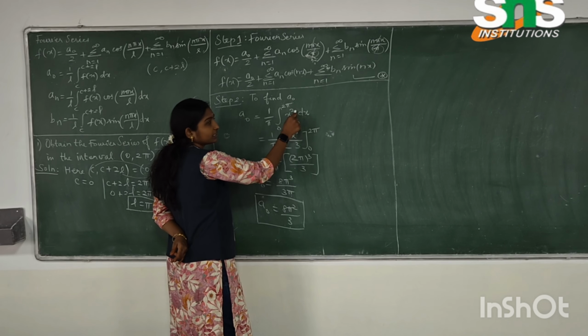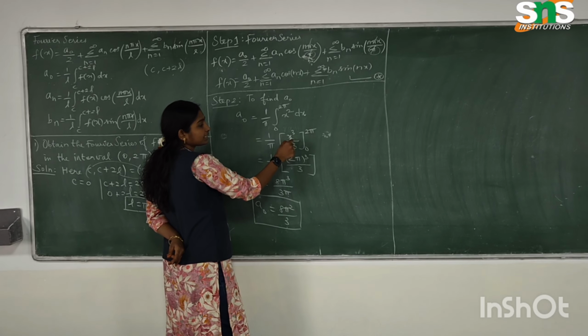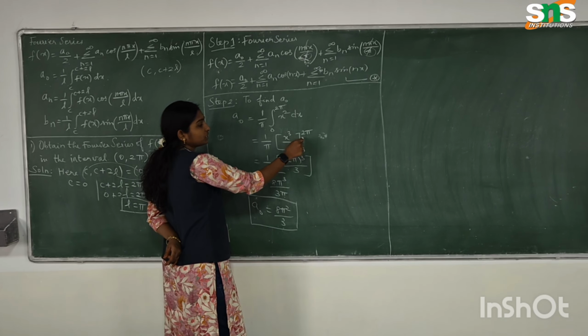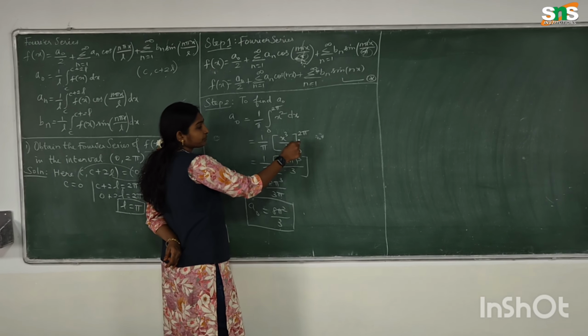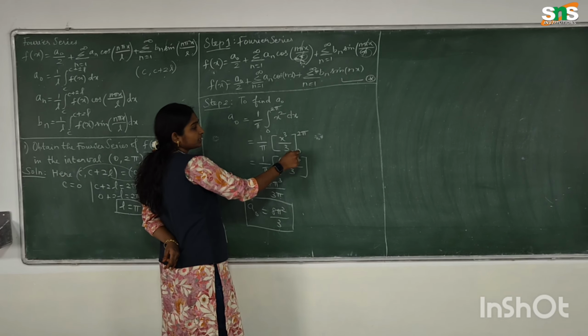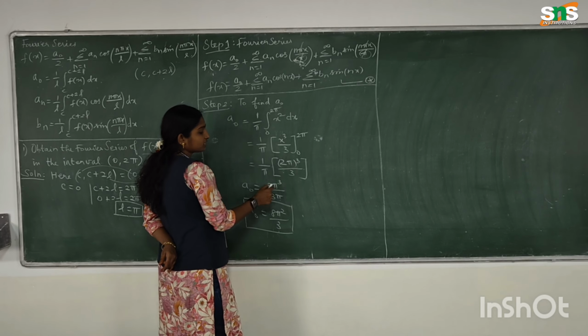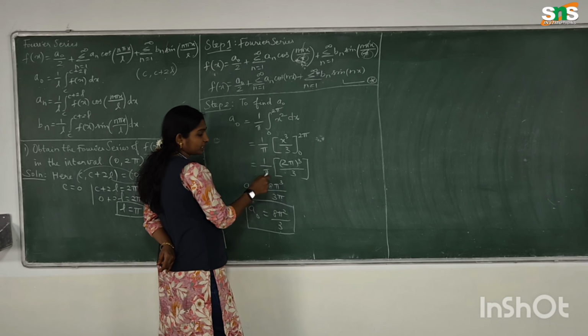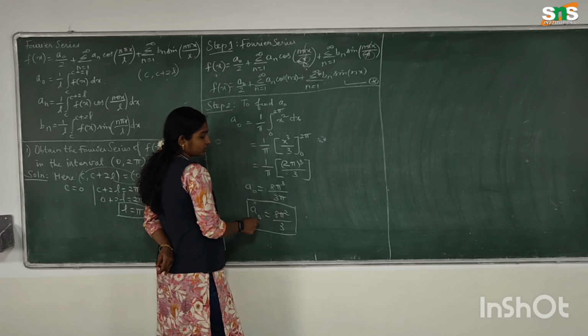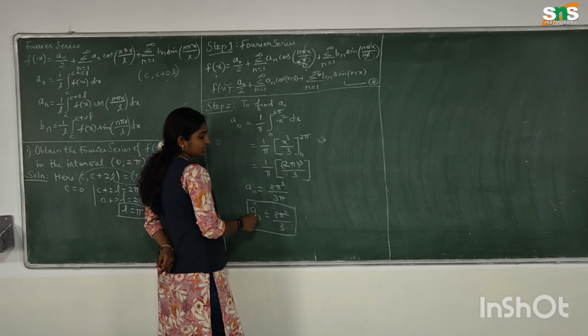What is this? Integration of x square dx is x cube divided by 3 within the limit 0 to 2 pi. Applying the upper limit, it will be 2 pi the whole cube divided by 3 minus 0. Therefore, what is 2 pi cube? It is 8 pi cube divided by 3 into pi. So what is the value of a0 here? a0 is equal to 8 pi square divided by 3. So this is what we have found as the first Fourier series coefficient.